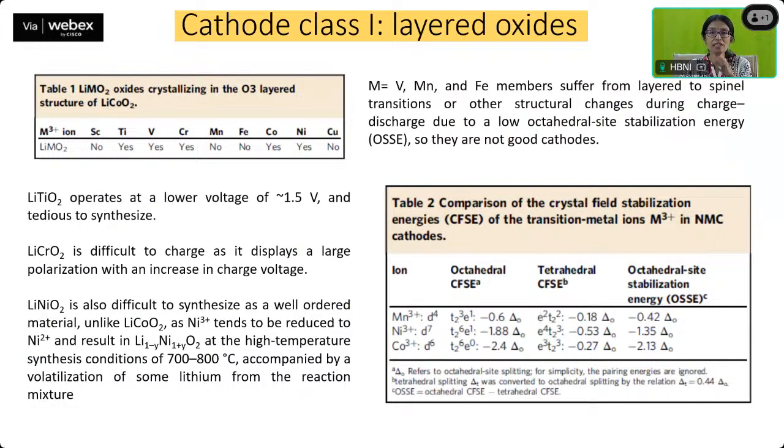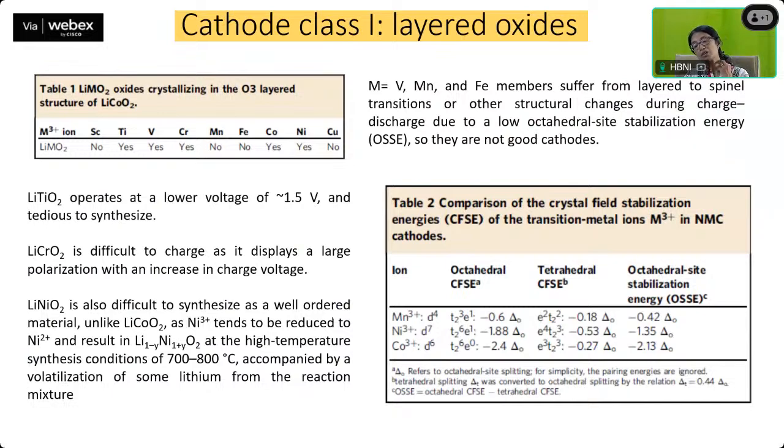When you remove lithium from lithium vanadium, lithium manganese, or lithium iron oxide, instead of staying in the layered structure, the structure crumbles and changes, either forming spinel or some other structure, and that is why there is a destabilization of the structure. And this is due to the low octahedral site stabilization energy. So these are not very good cathodes.